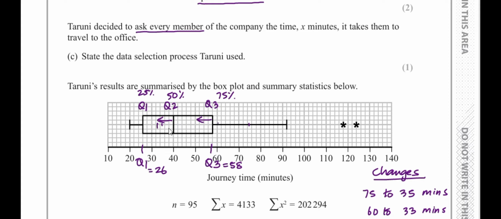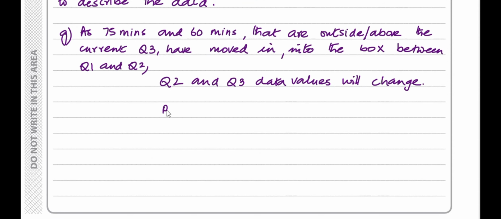That means the new Q2 and new Q3 values will be lower than the current values. Both Q2 and Q3 will decrease in the new box plot.